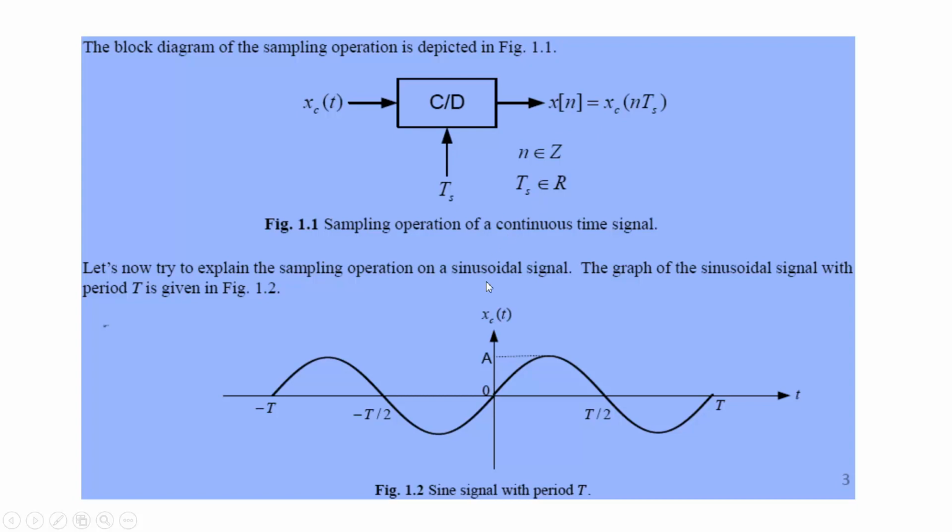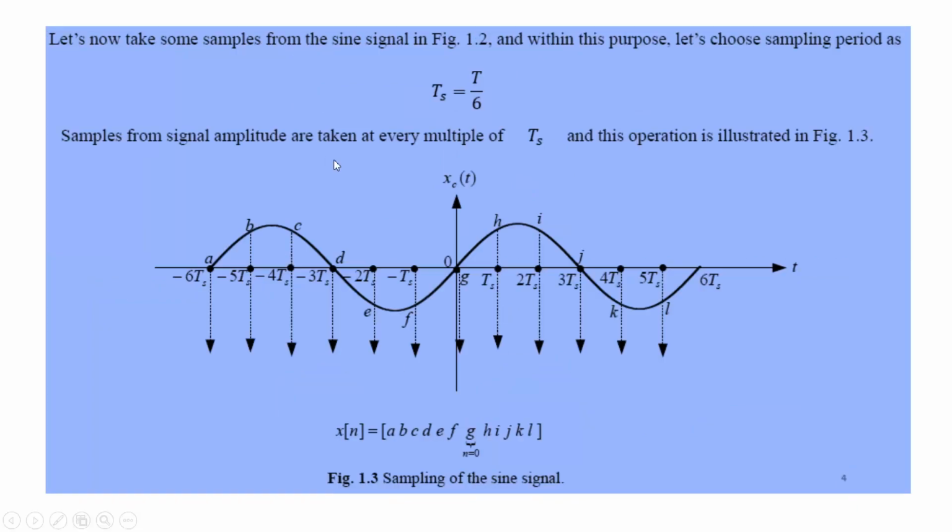Now let us consider the operation of sampling using this sinusoidal signal, where the time period of the sinusoidal signal is capital T. T by 2 is the half period of the sine wave. To understand the sampling operation, let us consider the sampling period equal to one sixth of the time period.